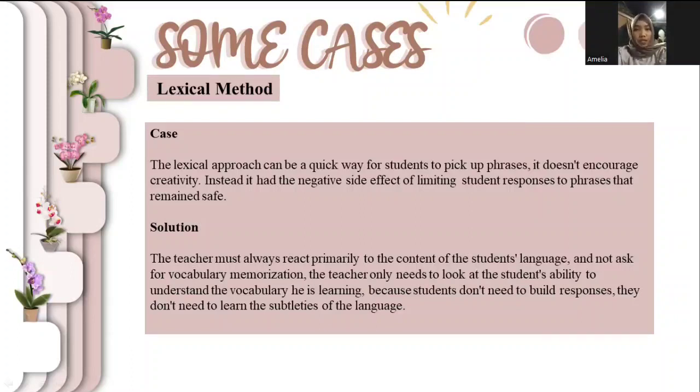The teacher only needs to look at the student's ability to understand the vocabulary being learned, because students don't need to build responses. They don't need to learn the subtleties of the language. Next slide, moderator.